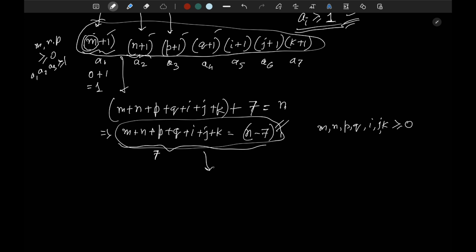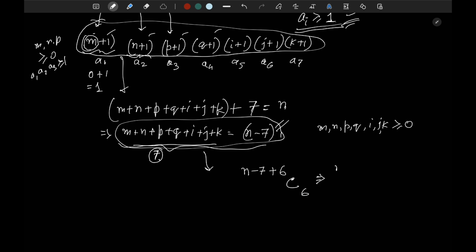So our number of solutions will be n minus 7 plus m minus 1, where m is 7, so m minus 1 is 6.